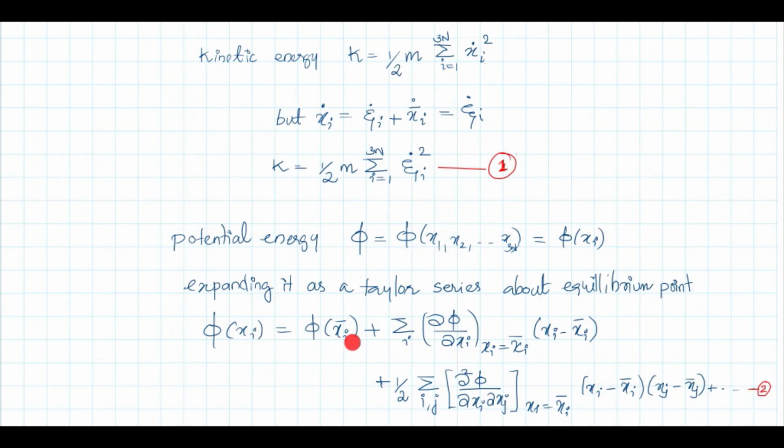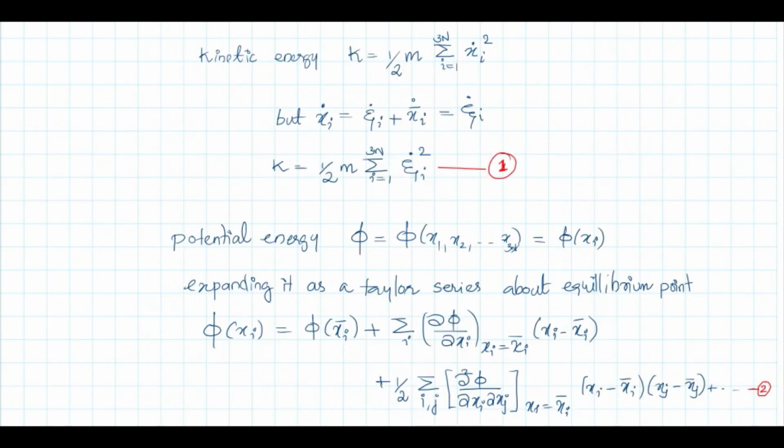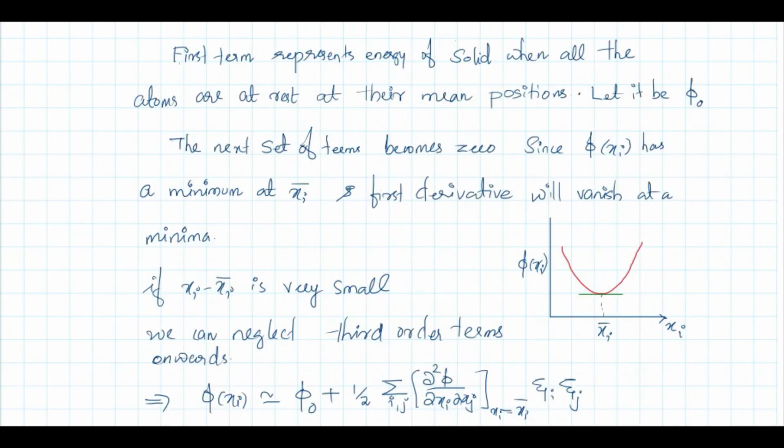Here this first term represents energy of solid when all the atoms are at rest at their mean position. We can call it as phi naught.